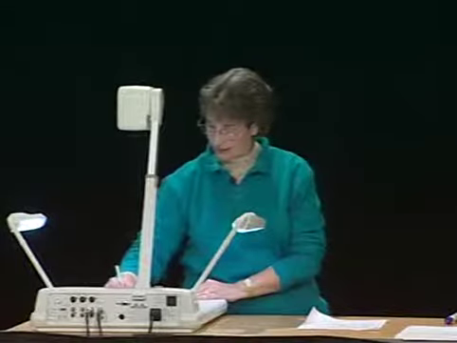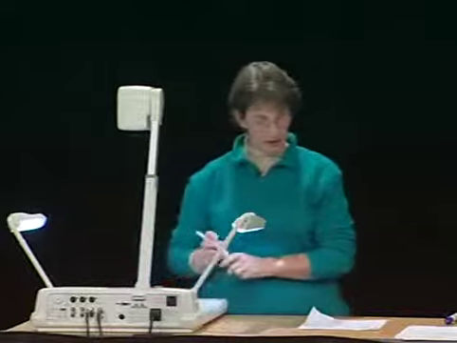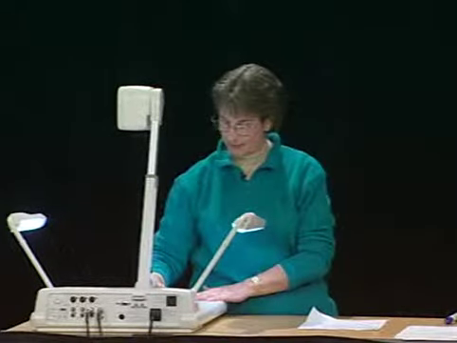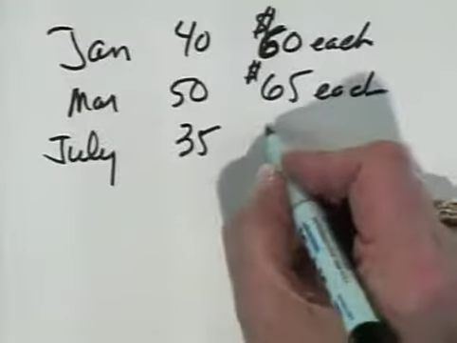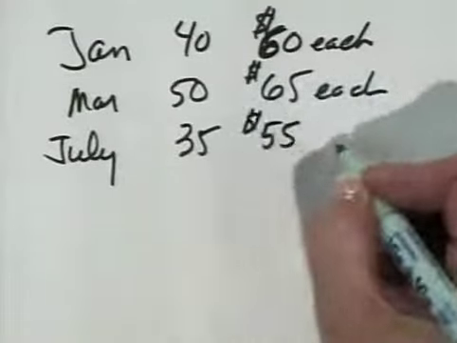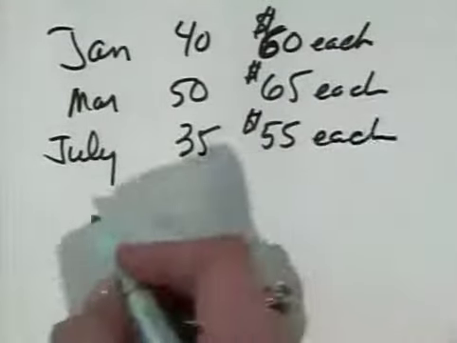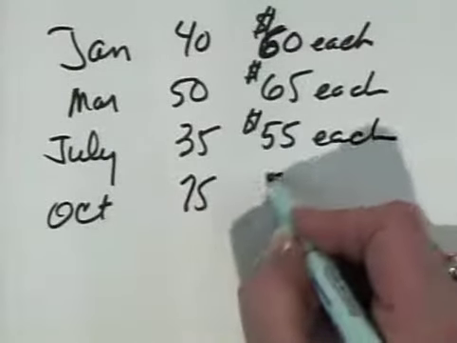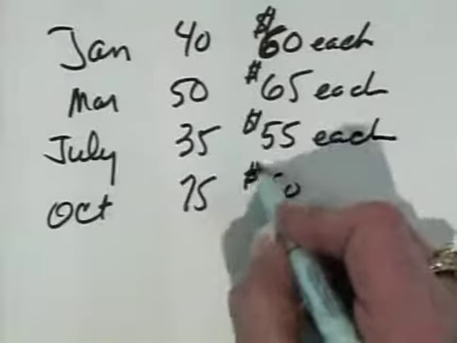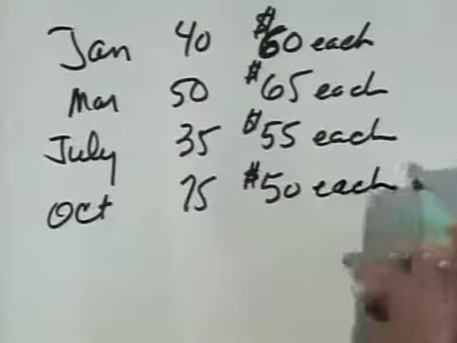Yes. Oh, 60, I'm sorry. Okay. Then in July we come along and we purchased 35 chairs and they had gone down a bit. They were $55 a piece. And in October, we purchased 75 chairs and they cost $50 a piece. We were so excited we bought extra.